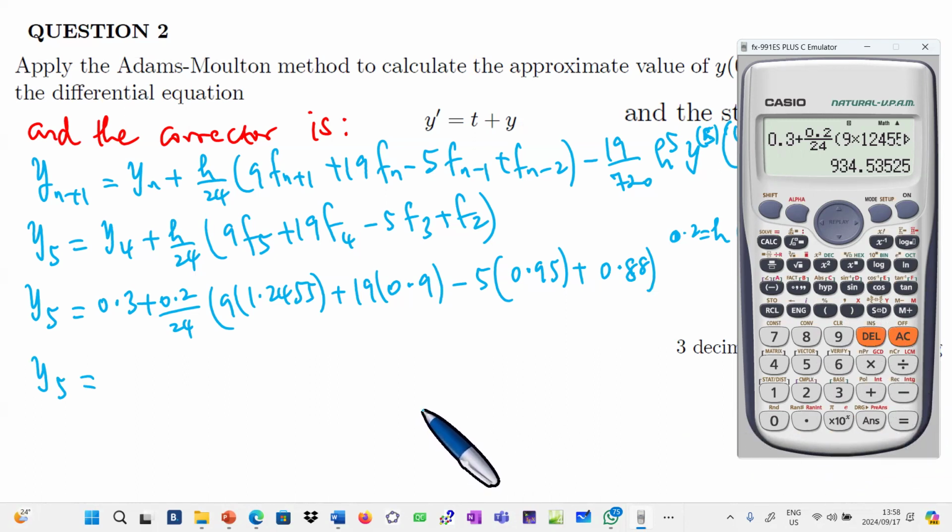Okay, let's see what we're getting here. Let us do this again. Ah, okay, there's a small typo here. The decimal point is missing.